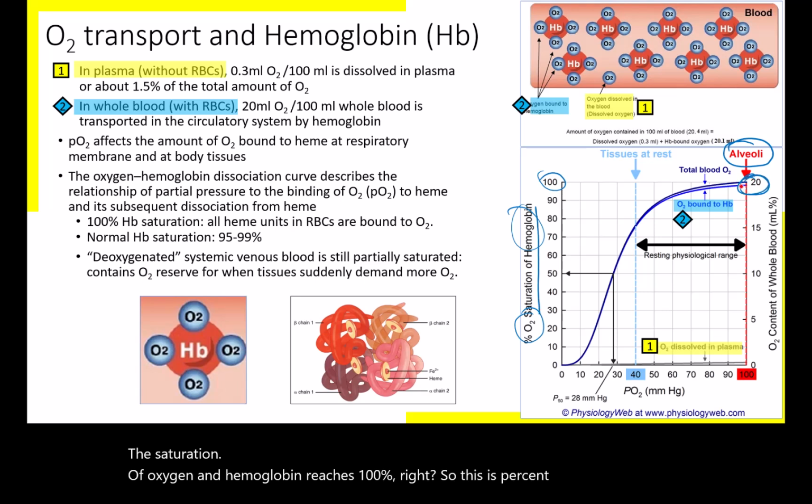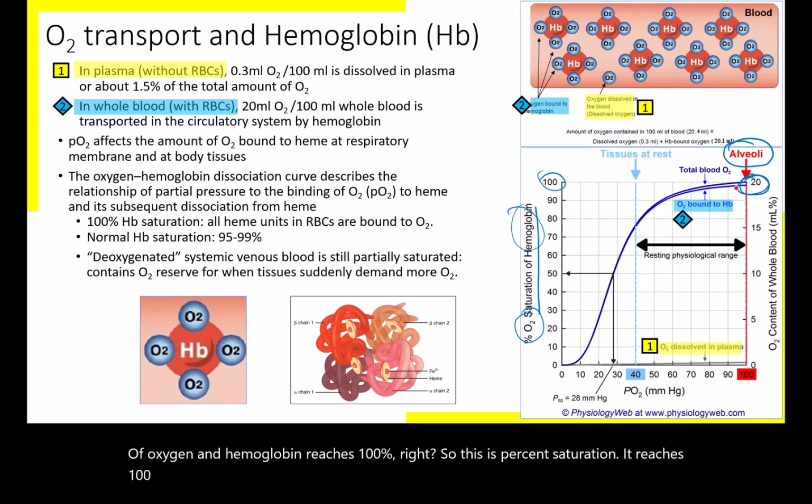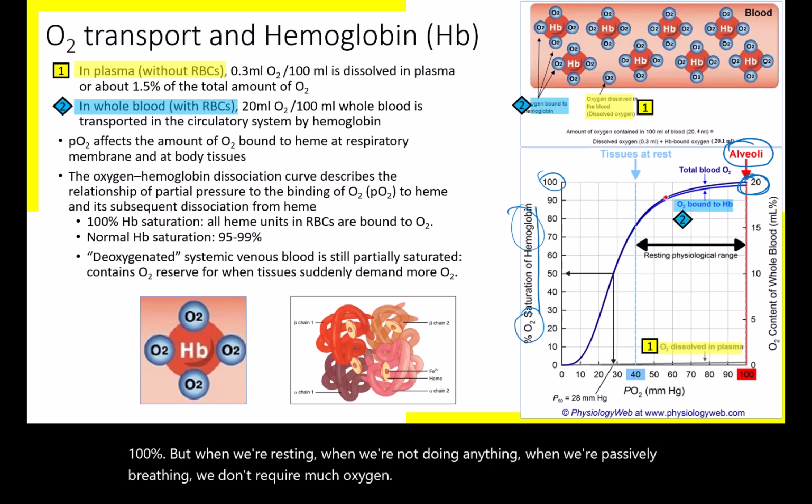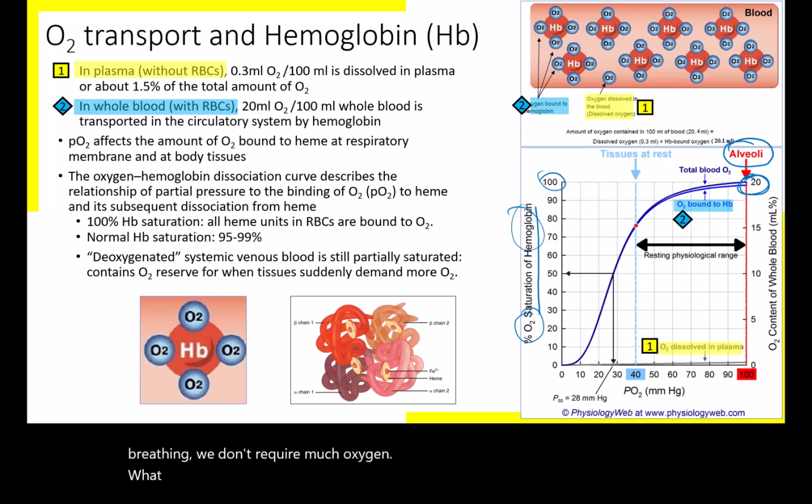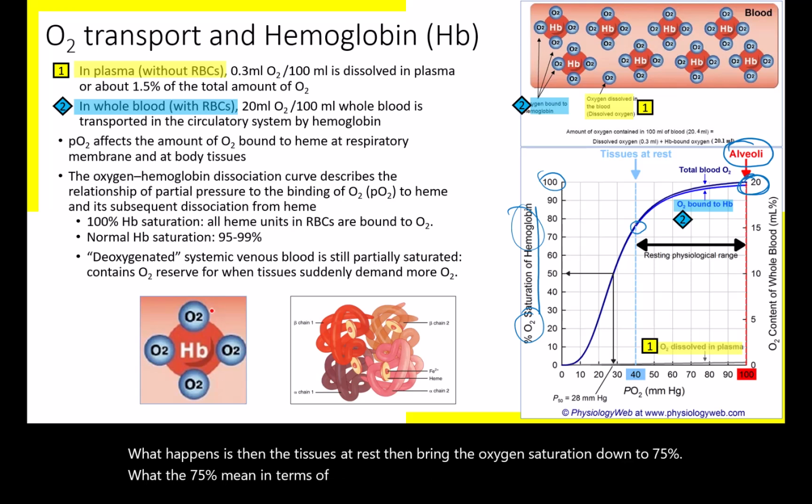It reaches 100%. But when we're resting, when we're passively breathing, we don't require much oxygen. The tissues at rest bring the oxygen saturation down to 75%. What does 75% mean in terms of oxygen bound to hemoglobin?